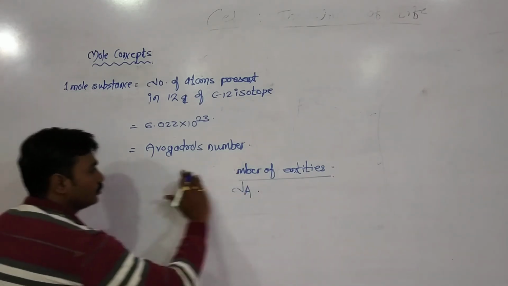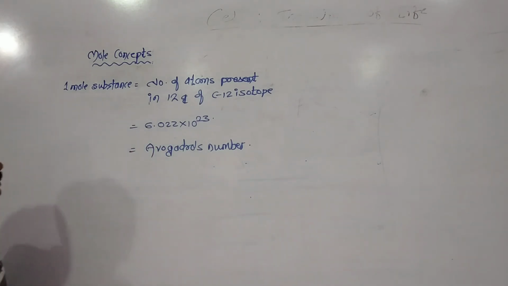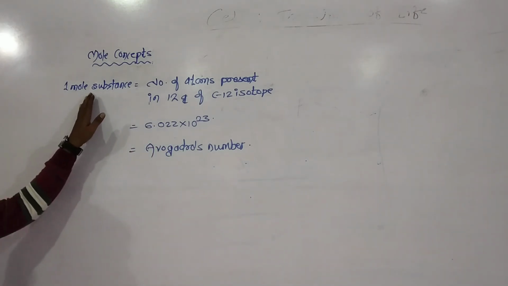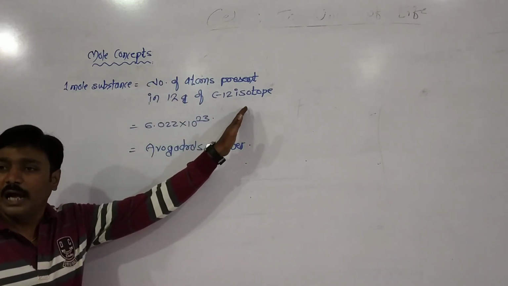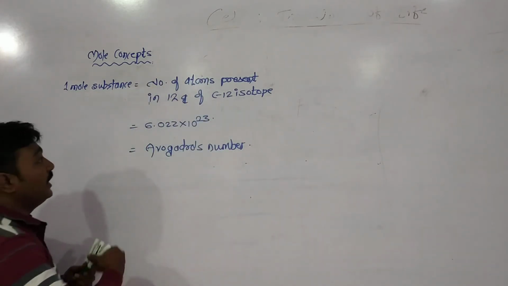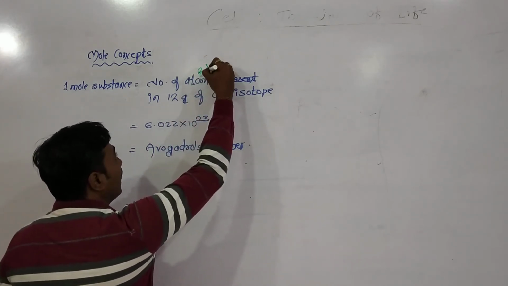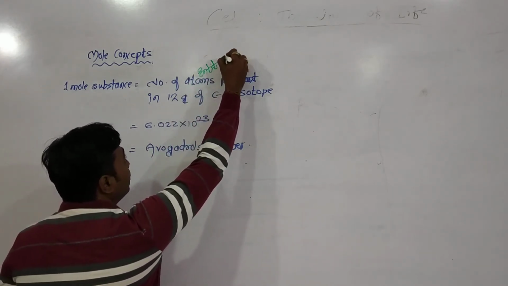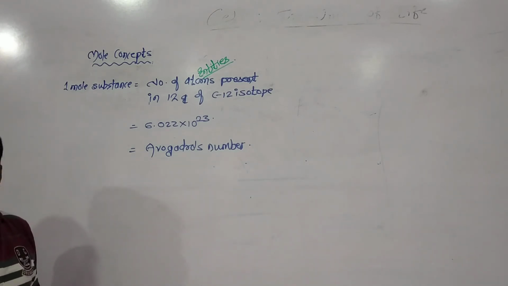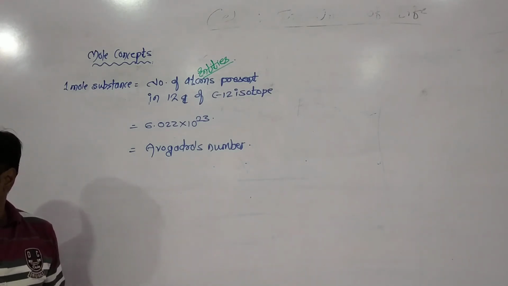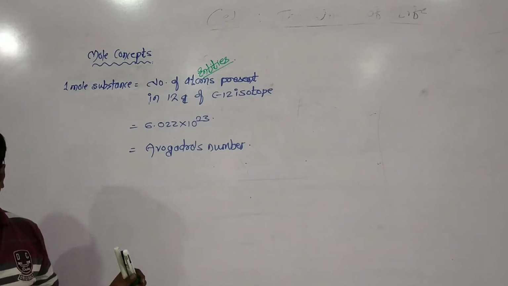Again, look. What is one mole substance? One mole substance is defined as the number of atoms present in 12 gram of carbon-12 isotope, or the number of entities. Atom is replaced by entities. Entities means atom, maybe molecule, maybe ion, maybe electron, maybe microscopic particle.